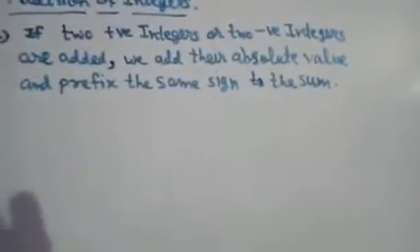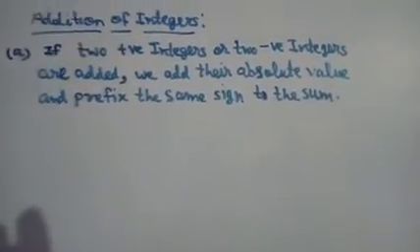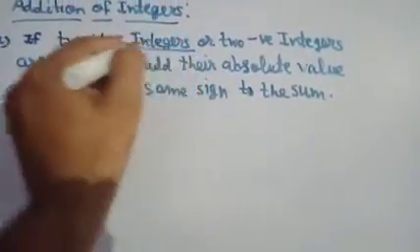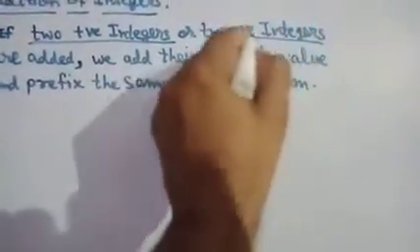Okay, student. So this is the method when two integers are positive or two integers are negative.